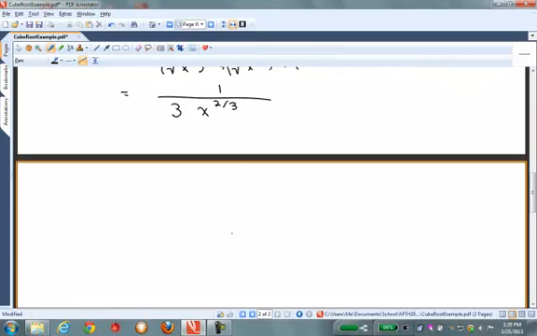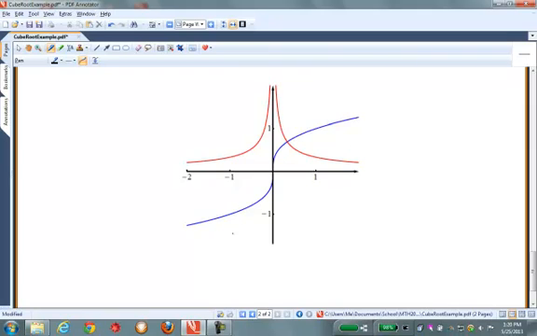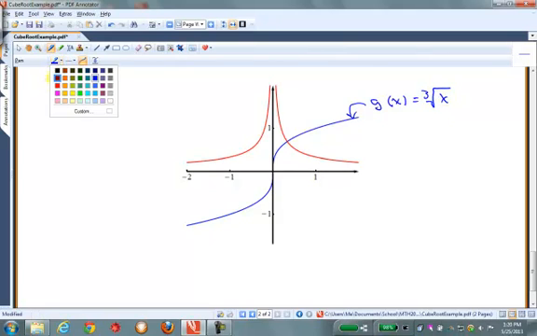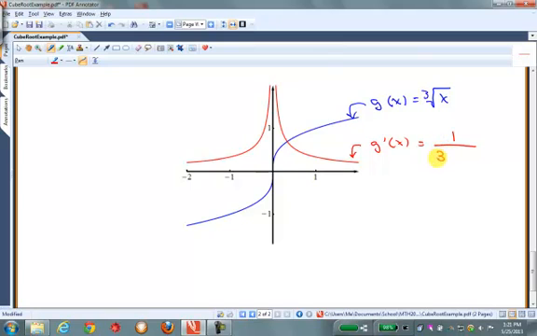Okay, we have a graph of this function and of the derivative here. So we have here in this graph, all right, this is g of x is equal to the cube root of x, and this is g prime of x is equal to 1 over 3 times x to the 2/3.